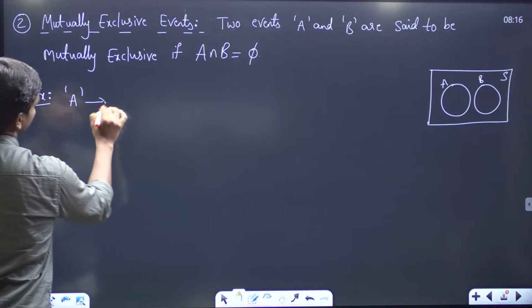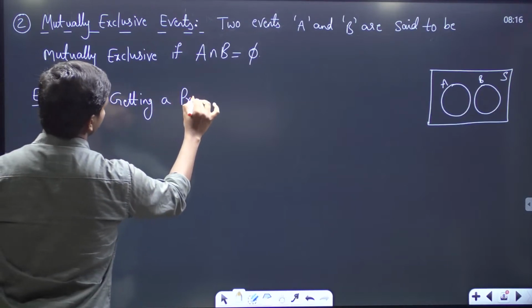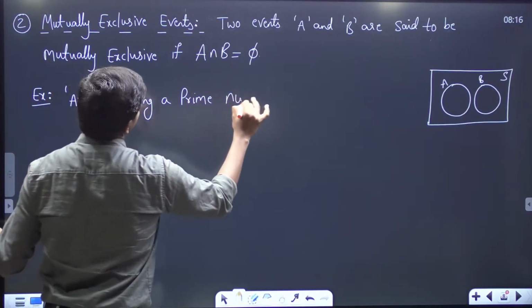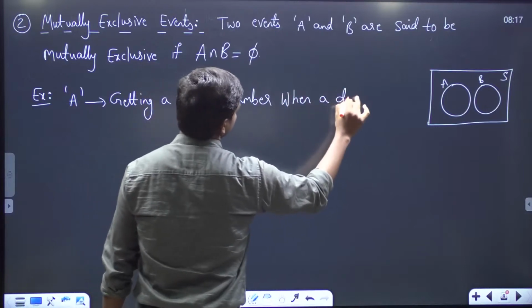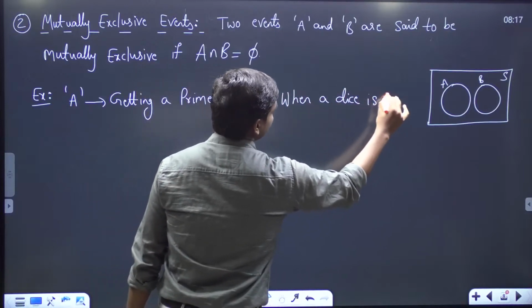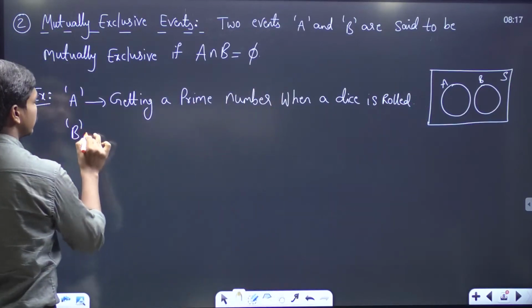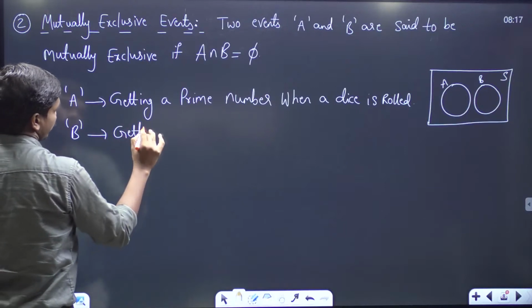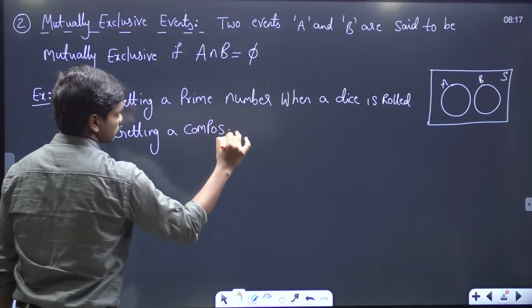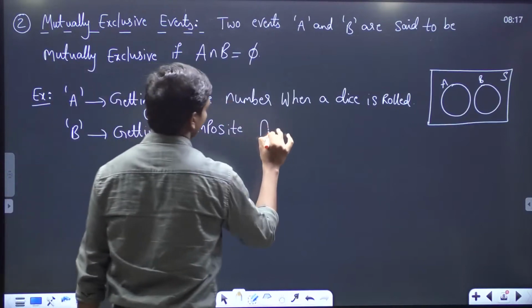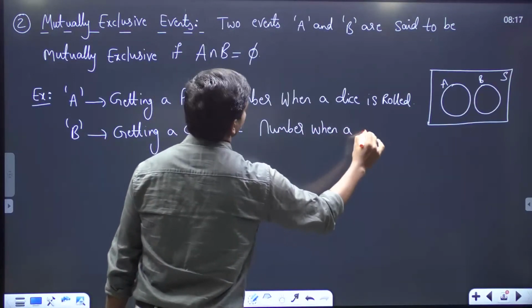Example: A is getting a prime number when a die is rolled, and B is getting a composite number when a dice is rolled.